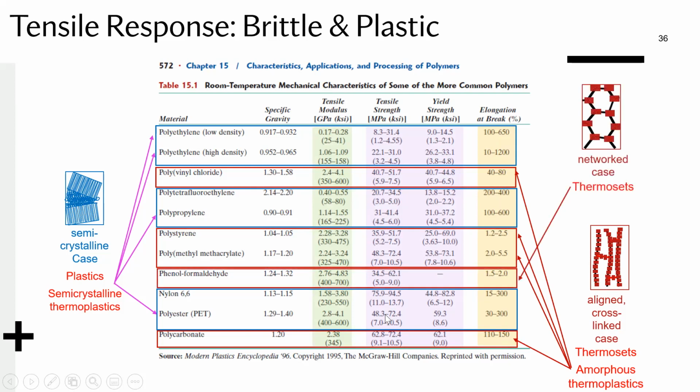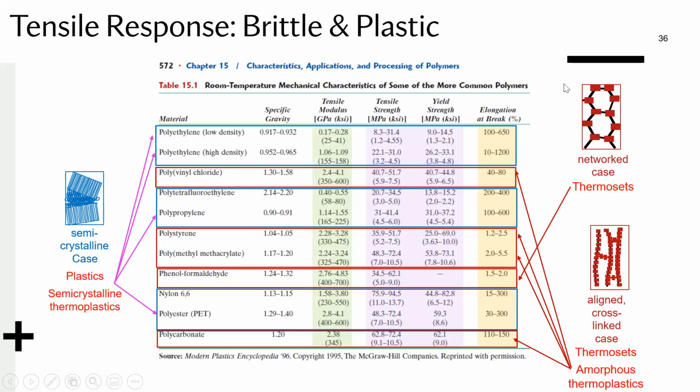There is another polymer in this group that's rather special. I already brought that up earlier: phenol formaldehyde, which comes from the mixture of phenol and formaldehyde. Phenol formaldehyde is a thermoset material, and it's got a network structure.